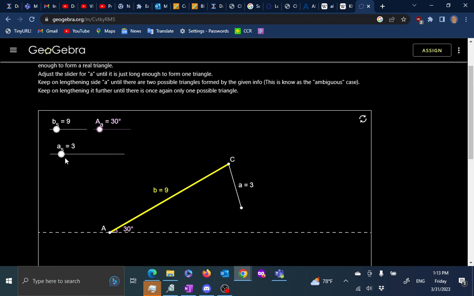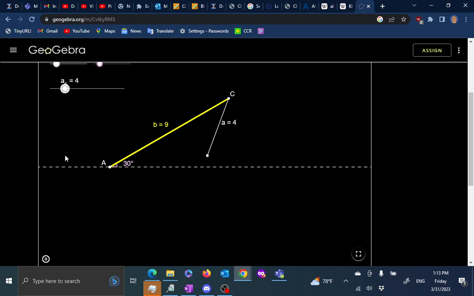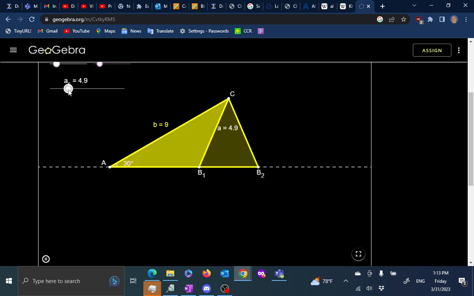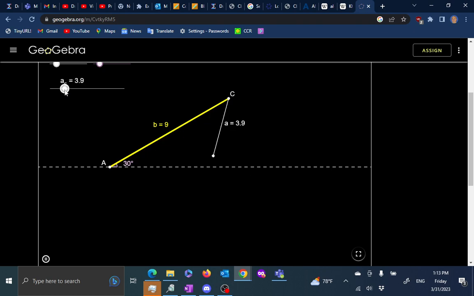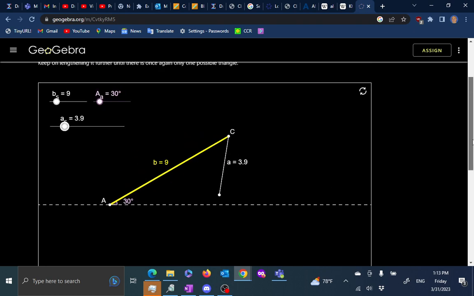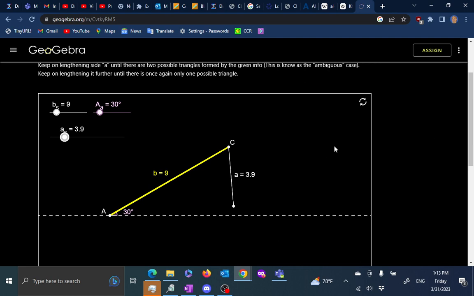Now if I go ahead and increase this length, at some point it cuts the line typically at two places, and then I will have two solutions. So at this extreme I don't have a solution, because I don't get the intersection.